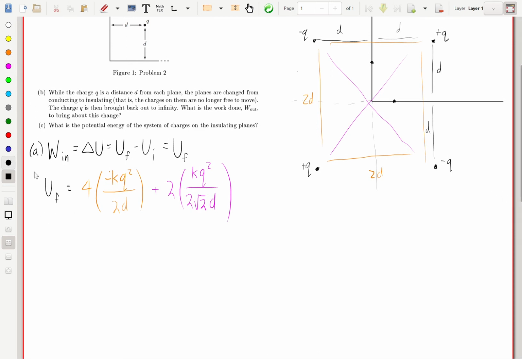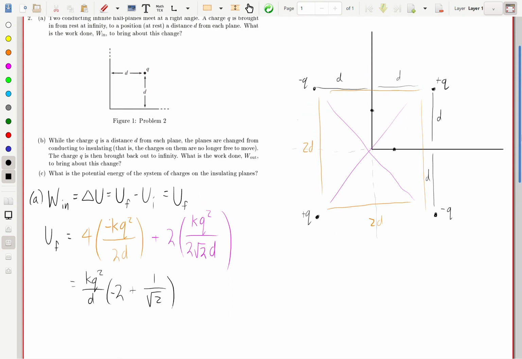We can simplify this by factoring out kq squared over d to get negative 2 plus 1 over root 2.